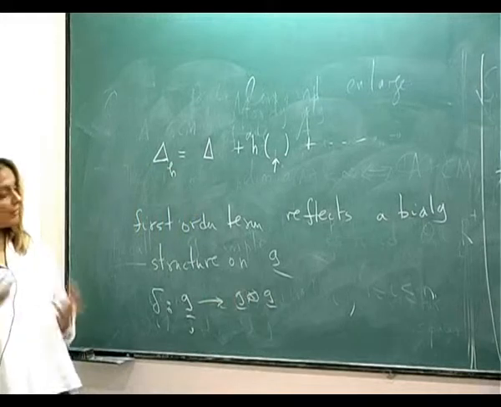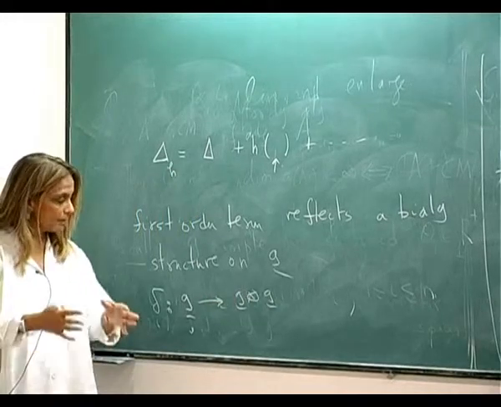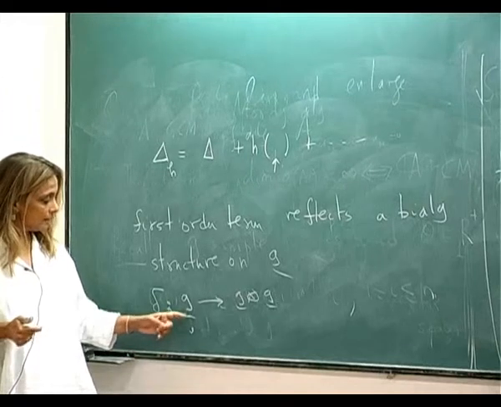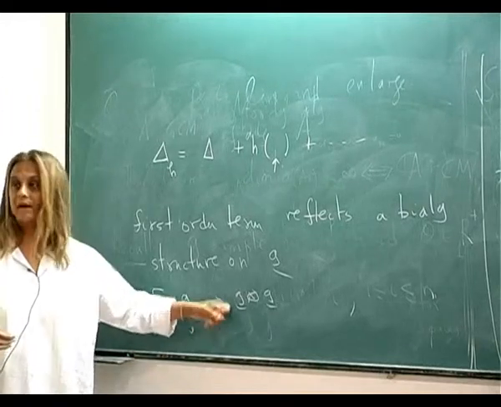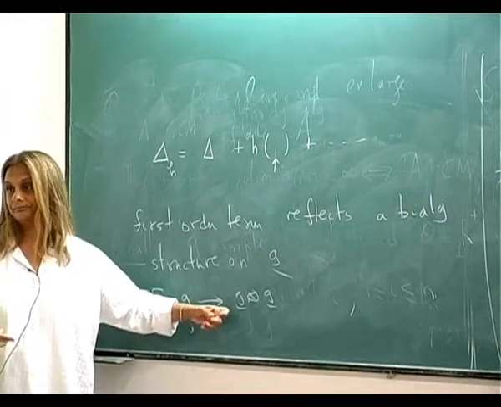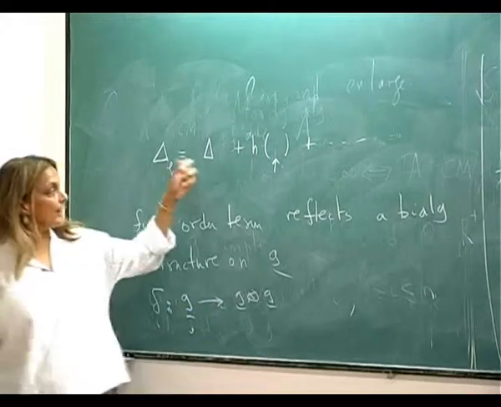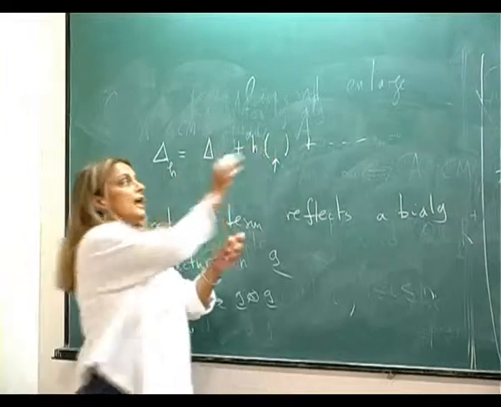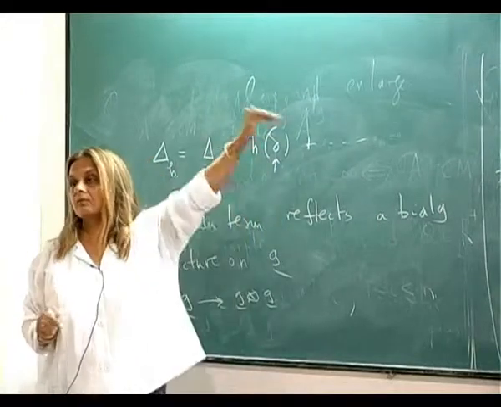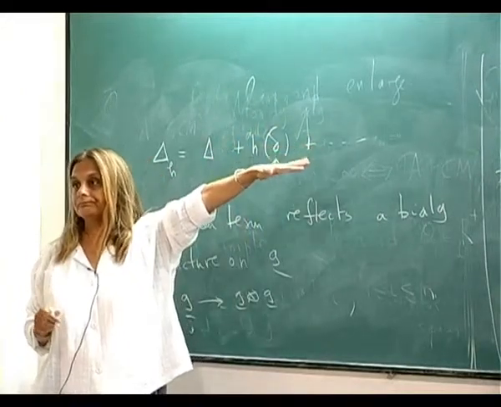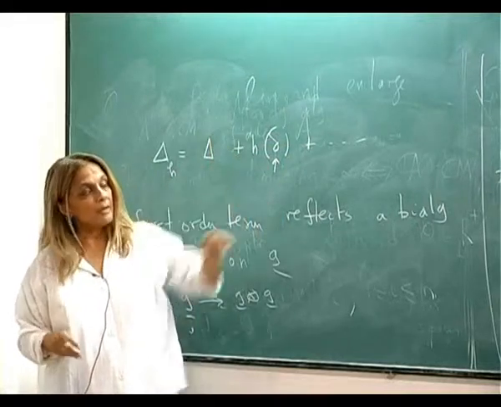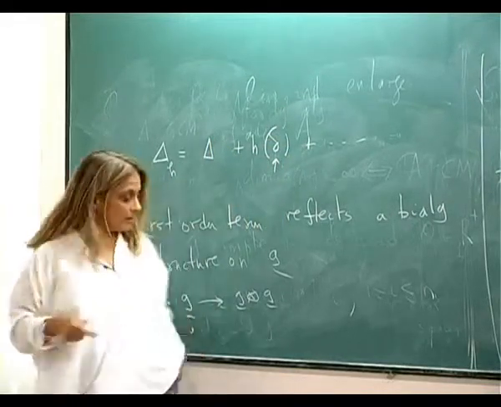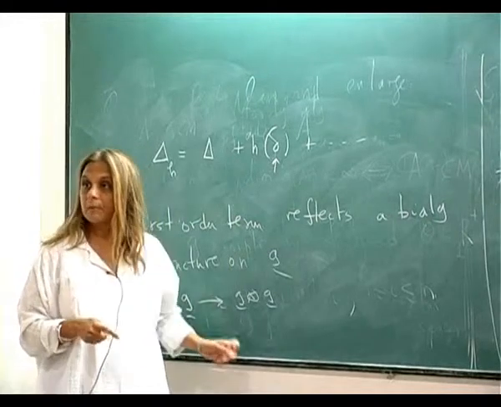So if you're just asking how to deform a Lie algebra, you have to specify what the bialgebra structure is. Then you want your co-multiplication to be nice over here. This should reflect delta, and then you don't worry too much about the rest. So when we're talking about the quantum Kac-Moody algebra associated to a particular Cartan matrix, you're fixing a particular bialgebra structure.